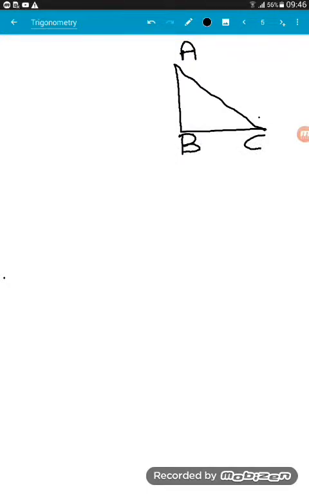In triangle ABC, right angle at B, and AB equal to 5 centimeter, and angle ACB equal to 30 degree.